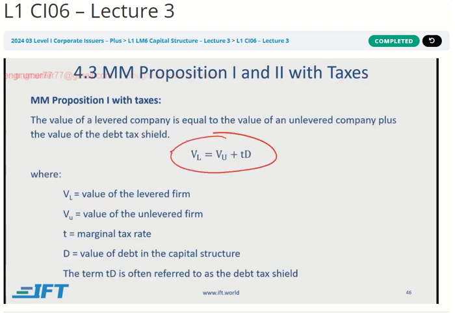Therefore, the value of the leveraged firm is greater than the value of the unleveraged firm. And how much greater? The value of the leveraged firm is the value of the unleveraged firm plus the tax benefit, which is the tax rate multiplied by the dollar amount of debt you have taken.